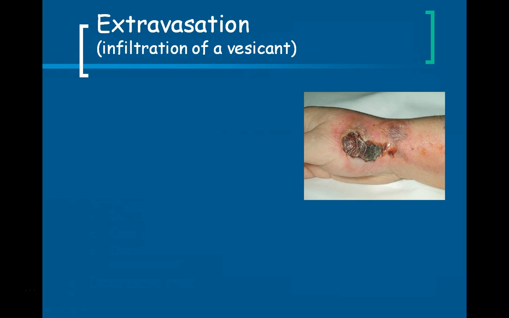And that's extravasation, so it's simply an infiltration of a vesicant. And when this happens, even a small infiltration can cause serious damage. Can cause blistering, necrosis, as you can see in this picture, and sometimes the damage is continuous for several days before it even stops.